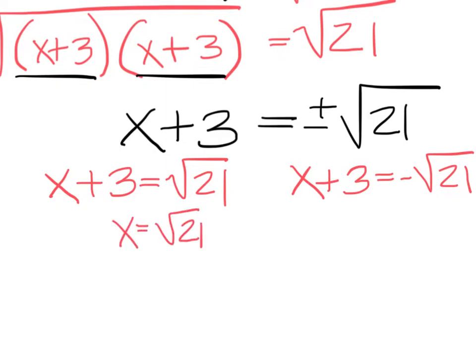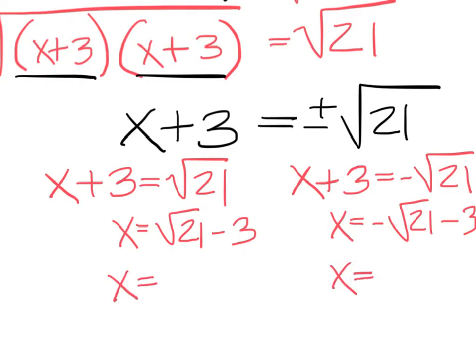Square root of 21. Move the plus 3 to the right, change the sign. Over here, same thing, except it's negative square root of 21 minus 3. So you have two answers to find. You need square root of 21, hit enter, and then do minus 3.